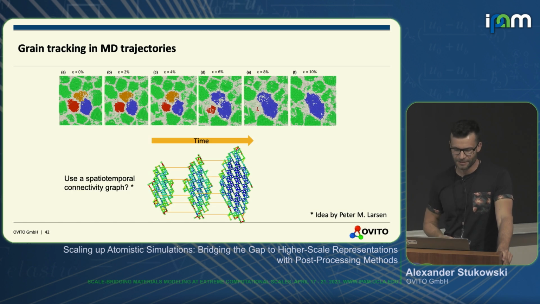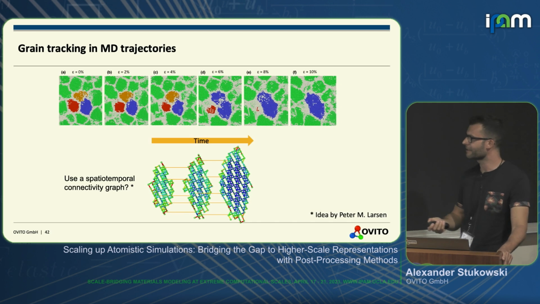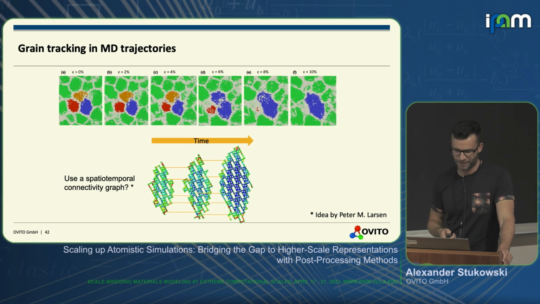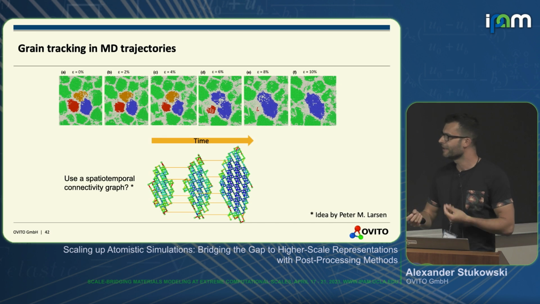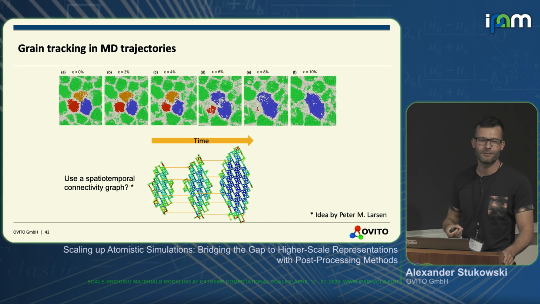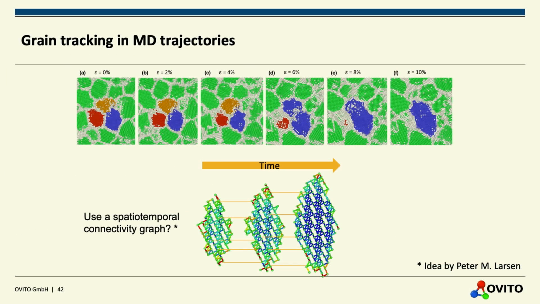One of the ideas that has been brought forward by Peter Larsen was to extend that graph approach to the time domain, to build up a spatial-temporal connectivity graph, and then perform the community detection on a graph that spans the entire trajectory. Of course, you can imagine that for large simulations and long trajectories, this could become difficult because of memory problems. So you have to think about incremental approaches, I think, to solve that problem.